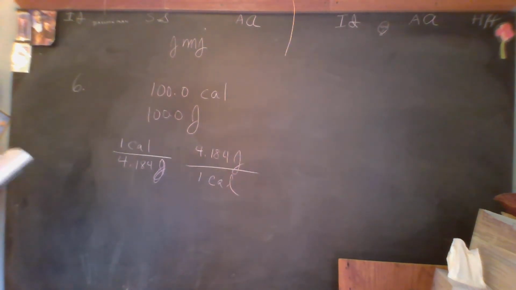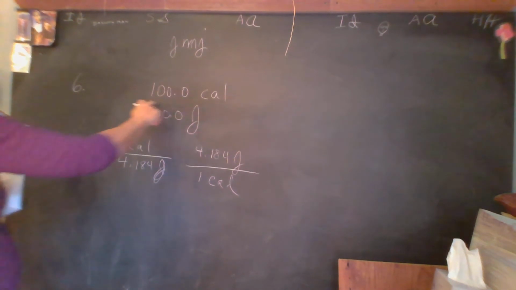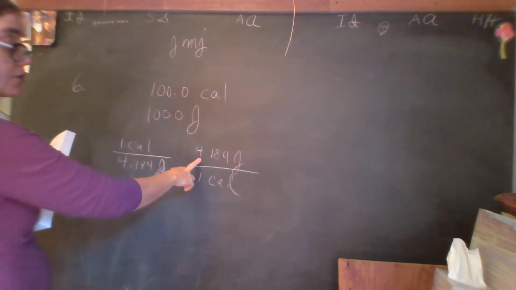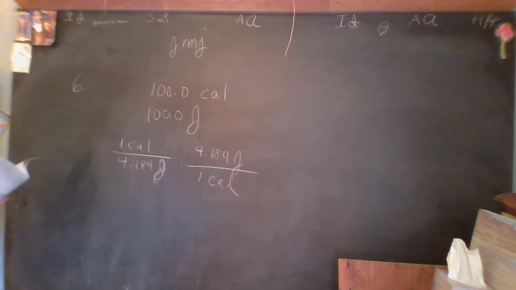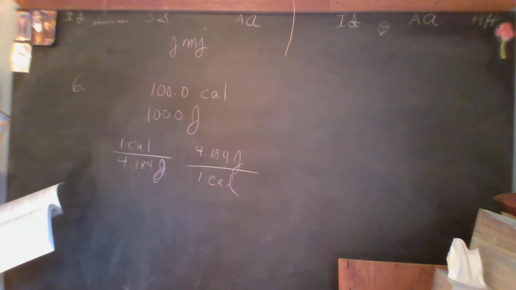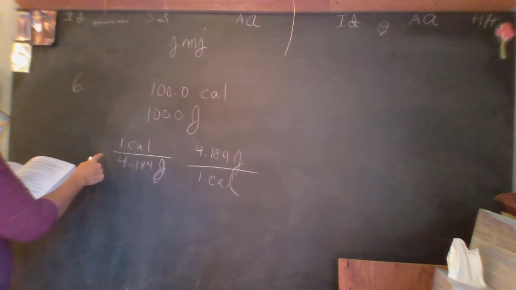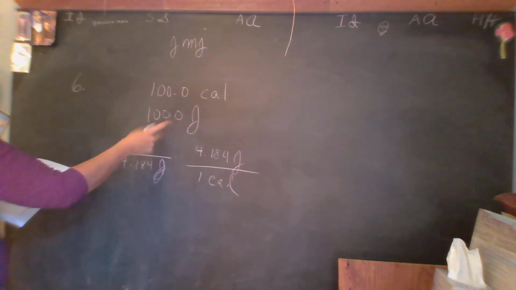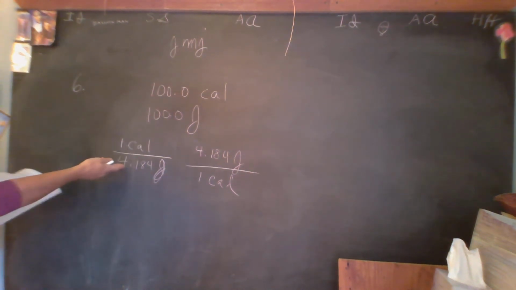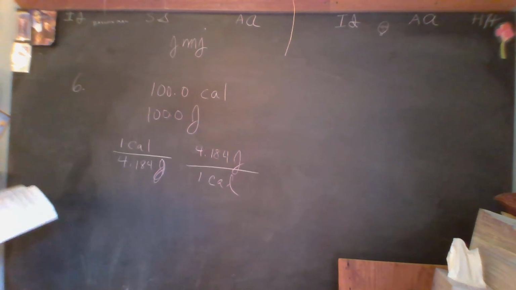Okay, so we need to answer. If I have 100 calories, I'll have 400 joules. Yes. And if I have 100 joules, I'll only have about 25. Let's use 4 as an estimate. I'll only have about 25 calories.